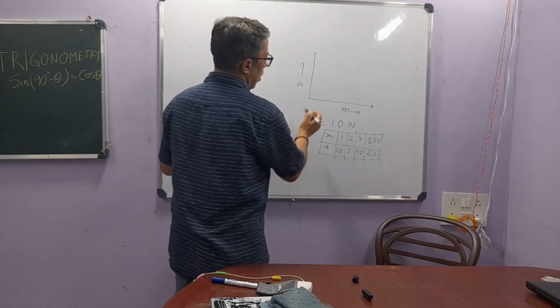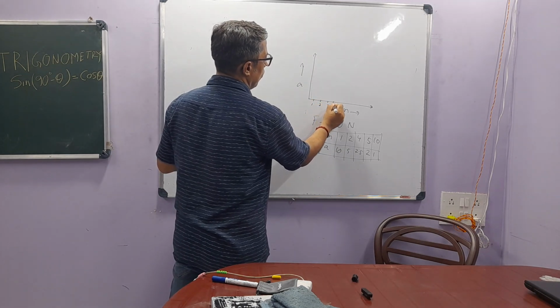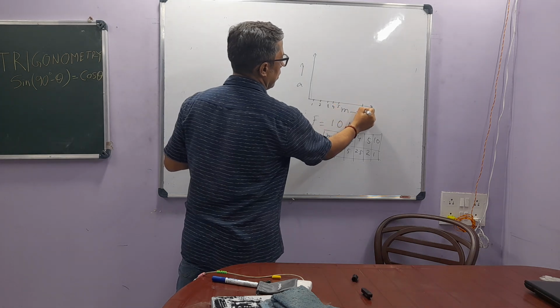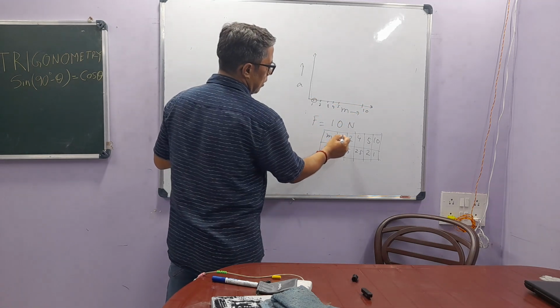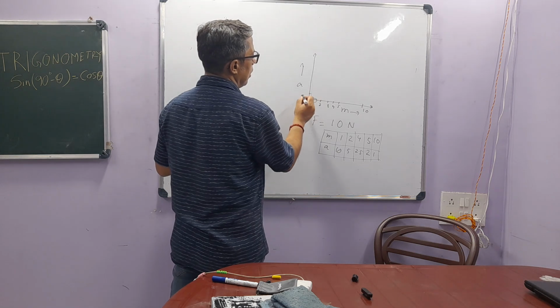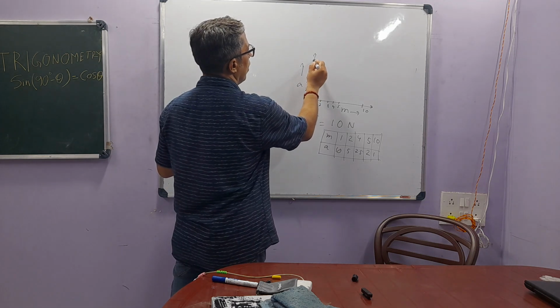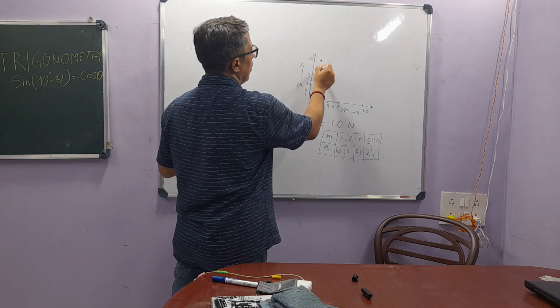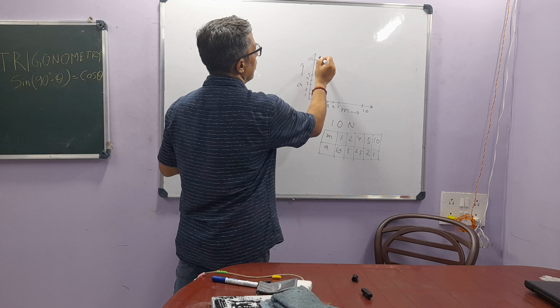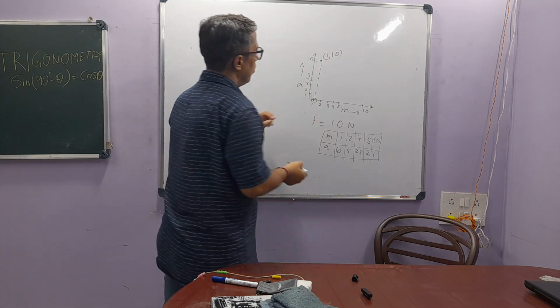What happens when mass is 1 kg, 2 kg, 3 kg, 4, 5, 10? When mass is 1 kg, acceleration will be 10. So on the acceleration axis, let us write 1, 2, 3, 4, 5, up to 10. This is the point, with value 1 comma 10.